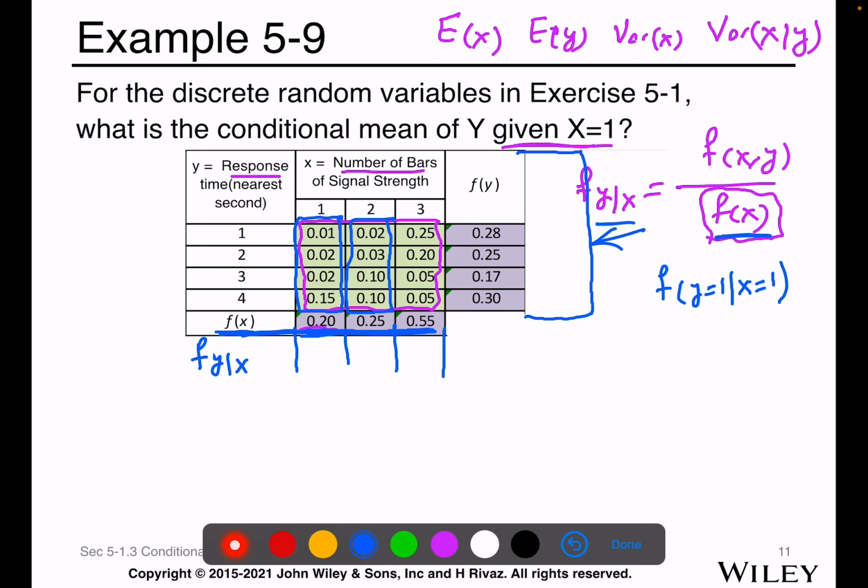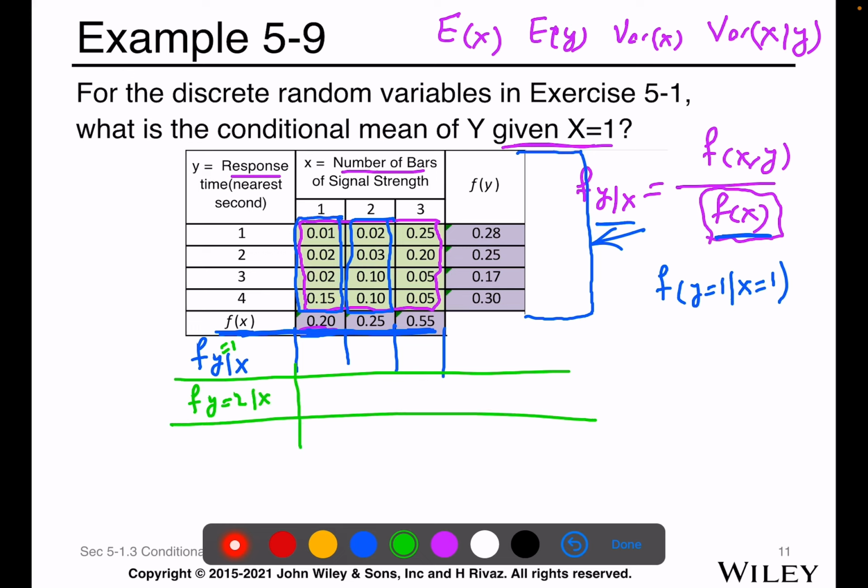So this row is going to be f of y equal to 1, and the next one is f of y equal to 2 given x. So f of y equal to 1 given x is going to be this number, 0.01 divided by 0.2.